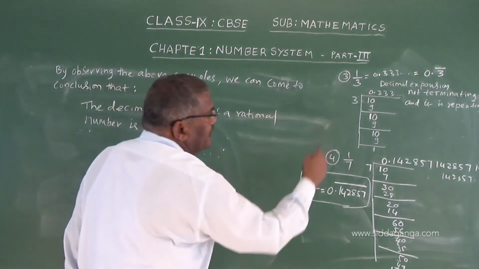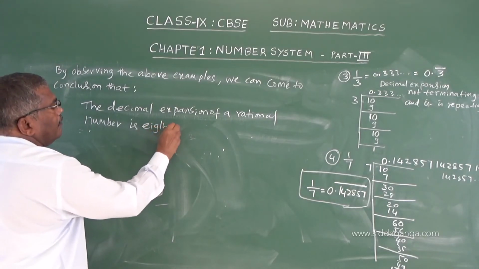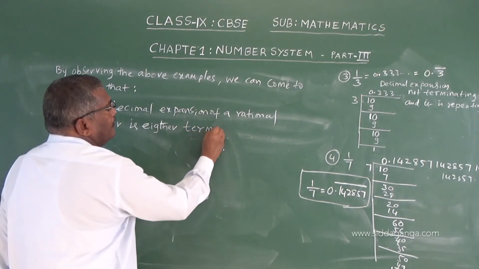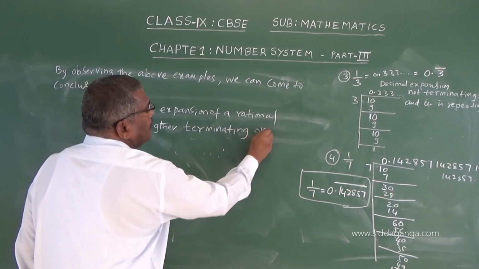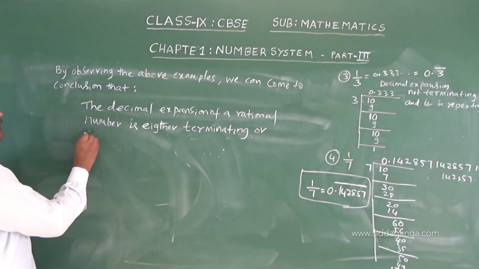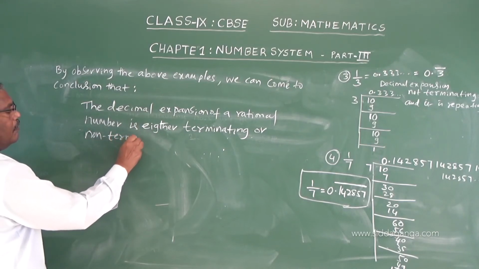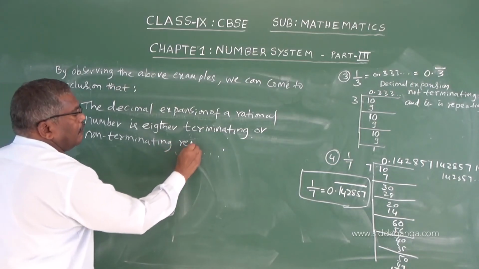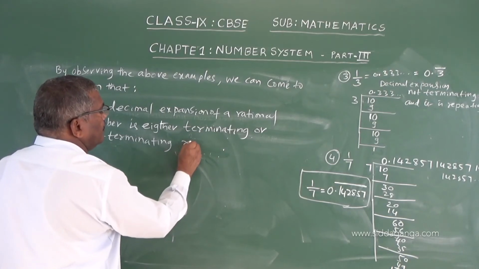So, we say it is recurring, is either terminating or non-terminating repeating. Non-terminating, we say recurring.